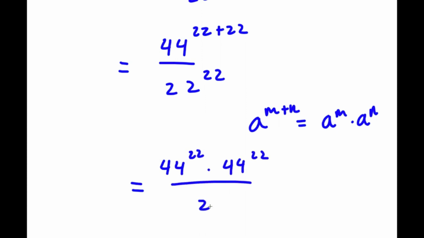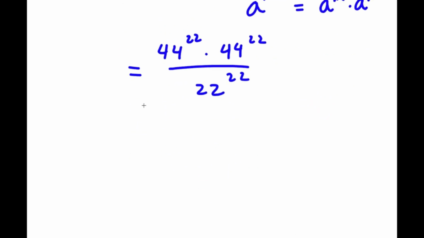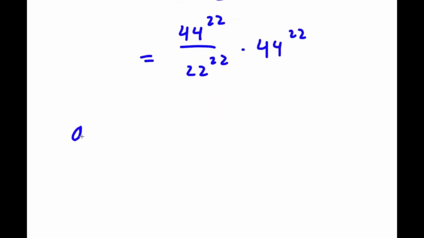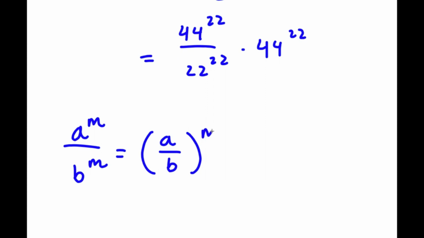And now I have this over 22 to the power of 22. Now this is the same thing as 44 to the power of 22 over 22 to the power of 22 times 44 to the power of 22. And now, if I have something in the form a to the power of m over b to the power of m, this is equal to (a over b) to the power of m.